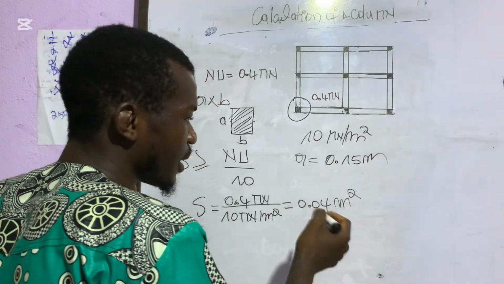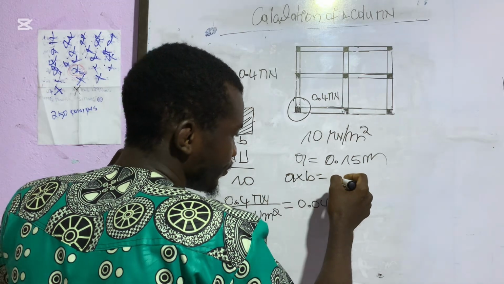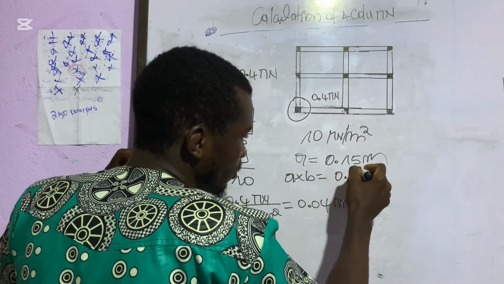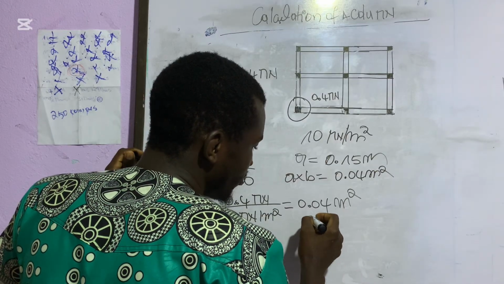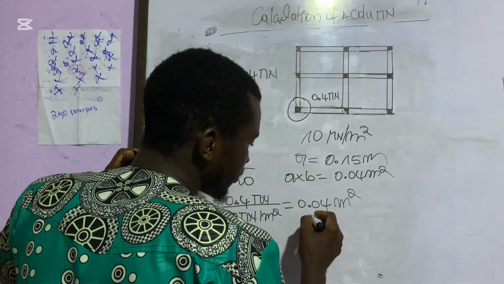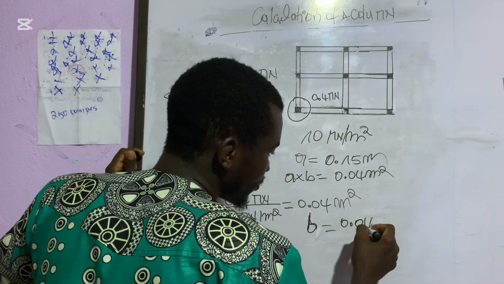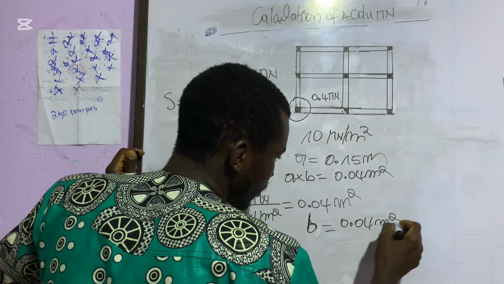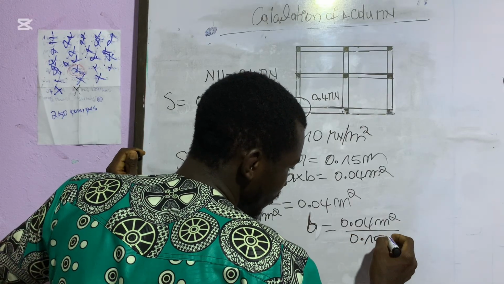So how do we get B? You know that A times B is equal to 0.04 meter square. So by calculation, B will be equal to 0.04 meter square divided by 0.15 meter.